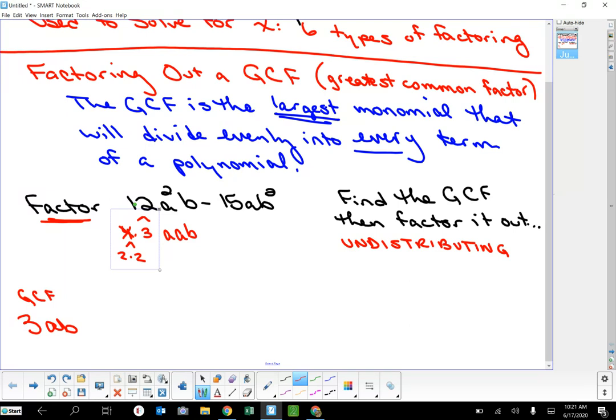15, I'm going to just get a different color so I don't have too much of the same color, is 5 times 3. Those are both primes, so we don't have to go any further with that. A, and b squared is b times b. Now what you want to do is identify things that are exactly the same in both terms.